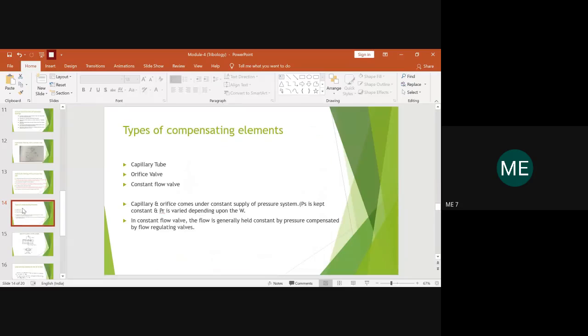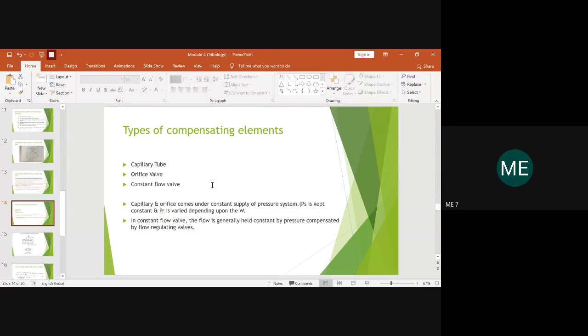So you have to see that the mechanism you are using across the valve is a proper one, so that you won't get any leakages. Otherwise it becomes a two-directional flow analysis and the derivation becomes complicated. While solving problems, we always assume the leakages are nil, right? So to abide by the rules, it is always better to use a proper compensating element.